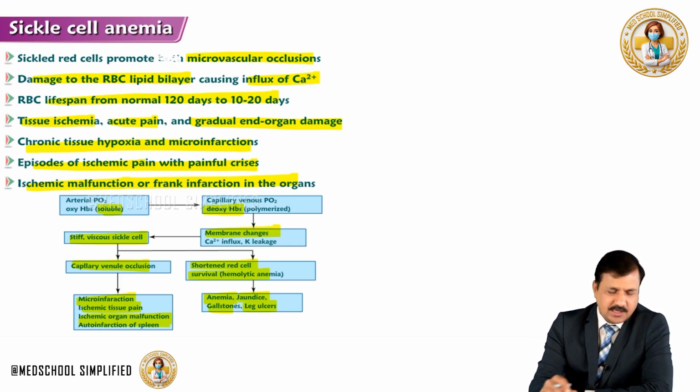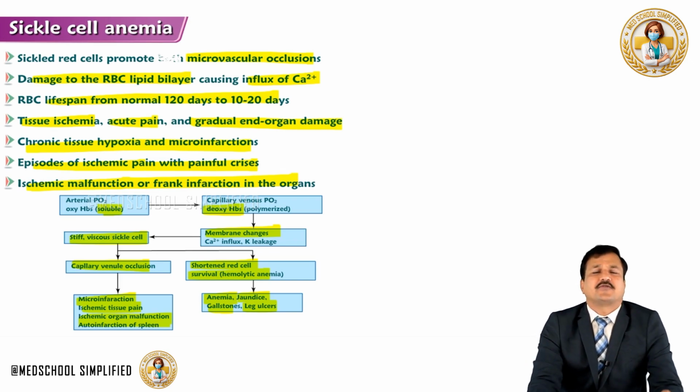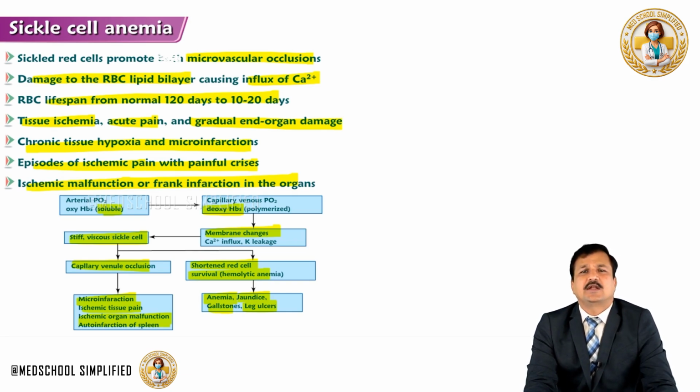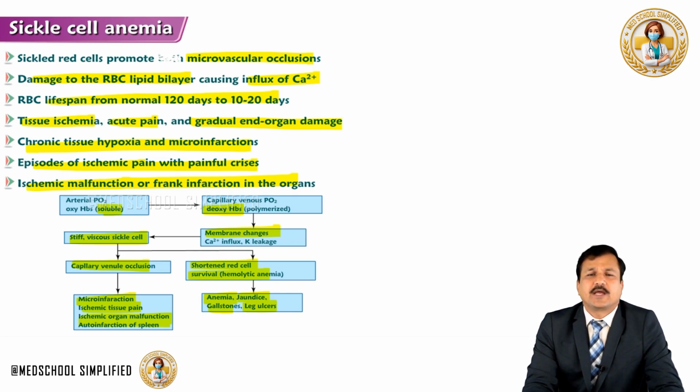So these are some of the consequences of the sickling process, especially when hemoglobin goes into the deoxy state, which leads to polymerization of hemoglobin in the cytoplasm and leads to subsequent alterations in the red blood cells, and later leads to microvascular occlusions and the consequences of microvascular occlusion.